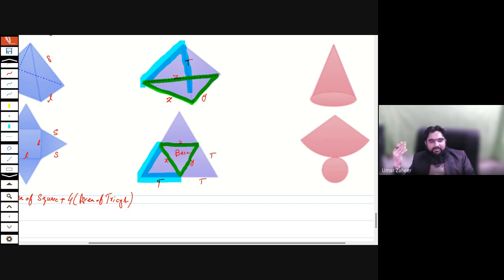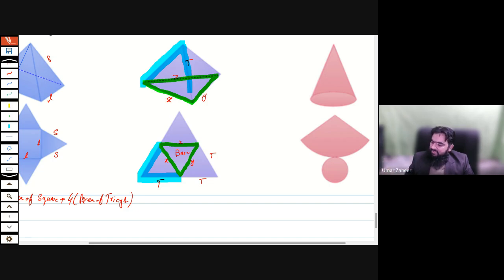All of these are triangles, so two things are given. Maybe the height of the triangles is given, or if the height of the pyramid is given, you have to use some trigonometry to find the length. Because we have two formulas to find the area of a triangle: one is 1/2 the product of two sides into the sine of the angle, and the other is 1/2 base into height. So how we find it depends upon the situation and the given information.